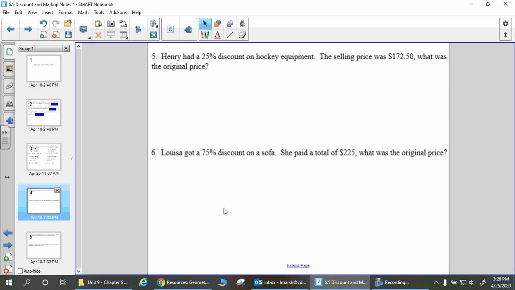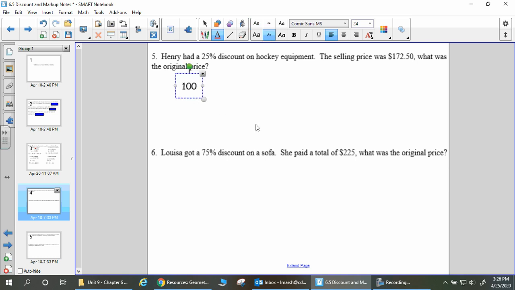Okay, so what you want to think about is how we did the previous questions. We would take 25% of the original price and subtract to get the selling price. So if I subtracted the 25%, what does that mean I actually paid? If something has no discount, you would pay 100%.